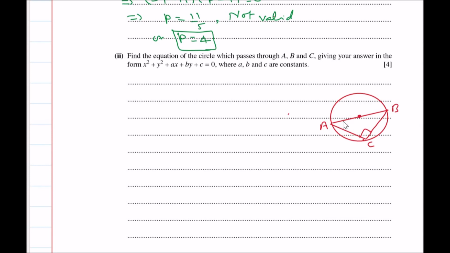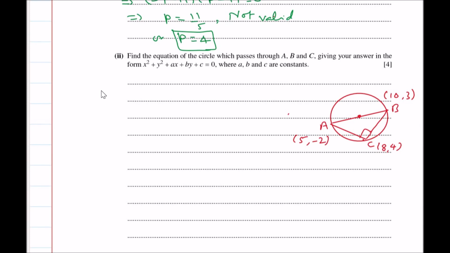So to find the center, we need to find the midpoint of AB. A and B both are given. So we have A (5, minus 2), B (10, 3), and C is (8, 4). Now let us find the midpoint of AB.